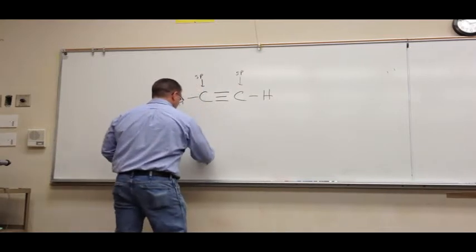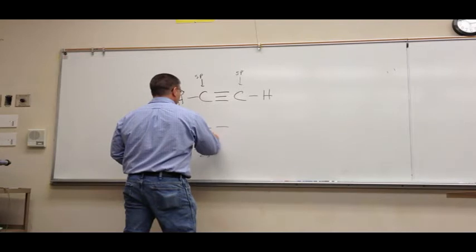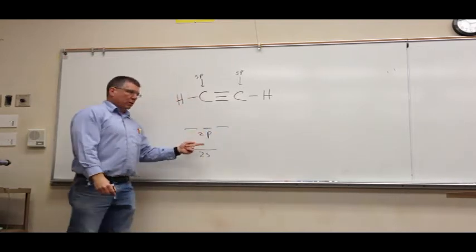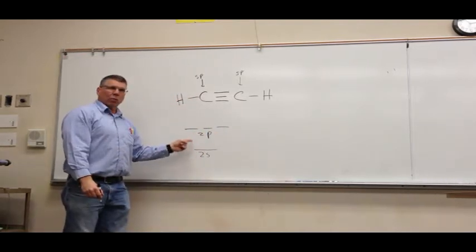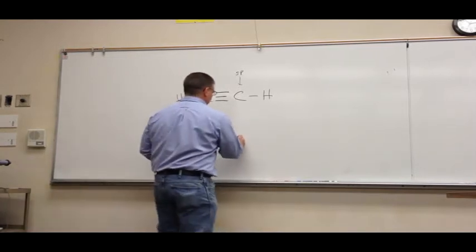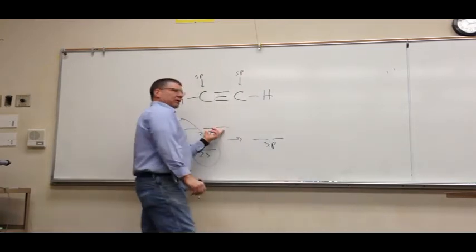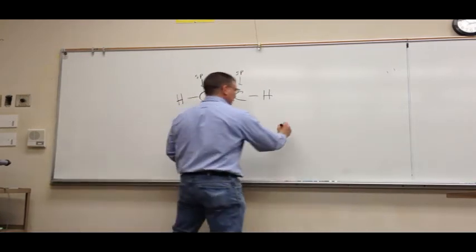What that means is, for each carbon, the 2s orbital and one of the 2p orbitals mixed together to make 2 sp orbitals. But that leaves 2 of the 2p orbitals unhybridized.